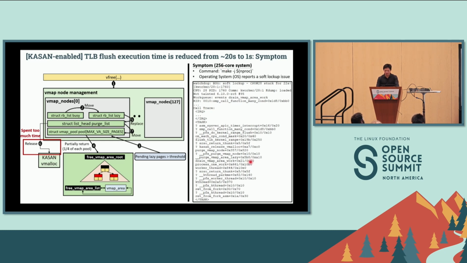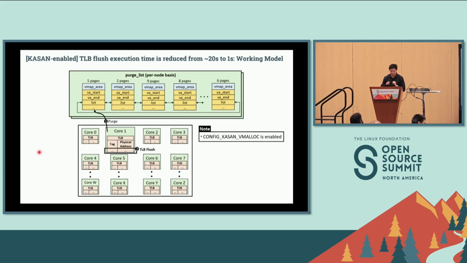Based on the code path, when purging the vmalloc address, KASAN was busy on the TLB operation for the vmalloc shadow memory triggered by KASAN. So, as shown here, KASAN spends too much time running the TLB flush operation for the vmalloc shadow memory.